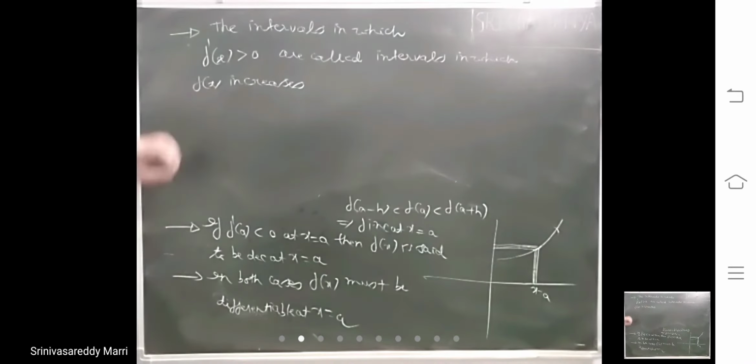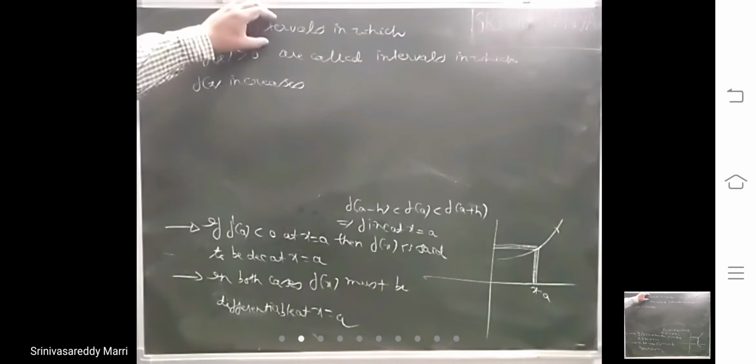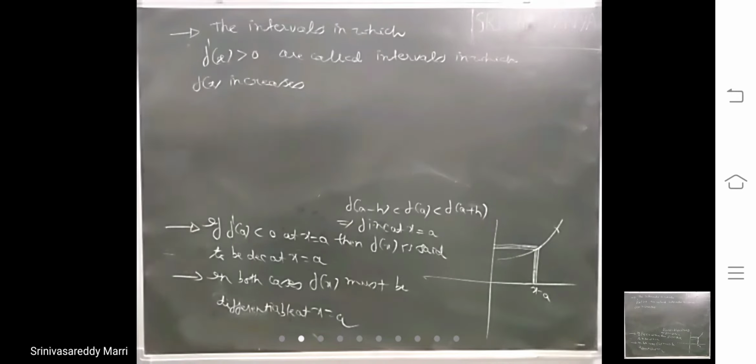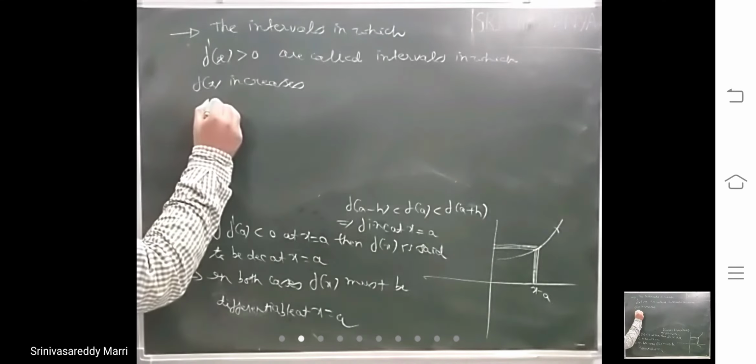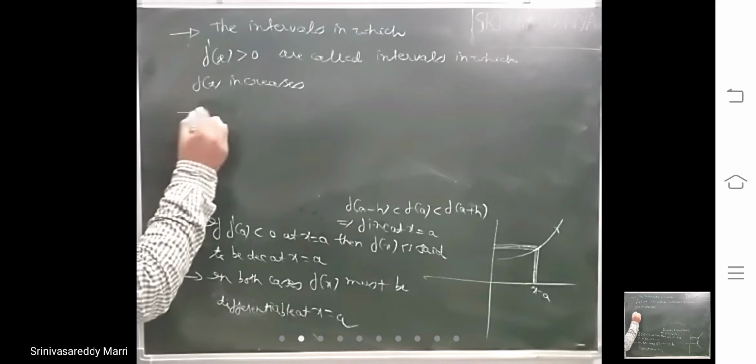That means, suppose you have to find for a function in which interval it is increasing, then the intervals in which f dash x greater than 0 are called intervals in which f of x increases. Suppose example, next point you write.